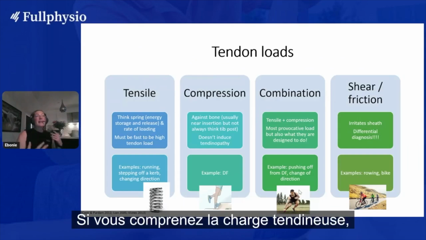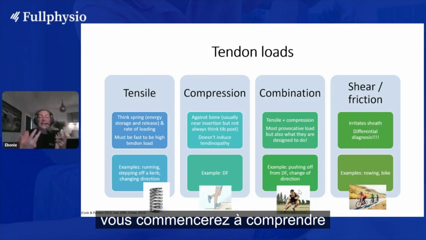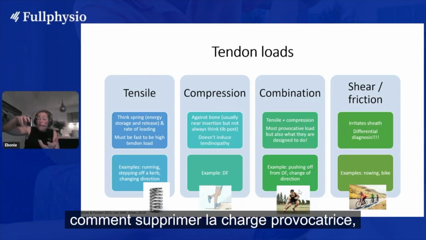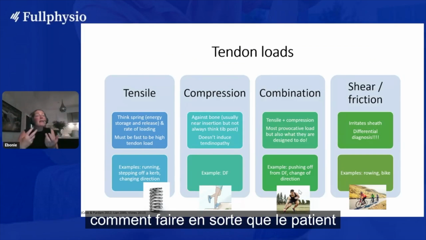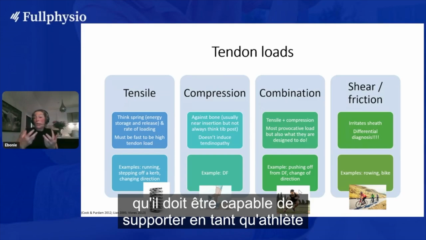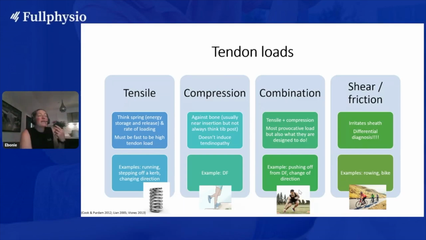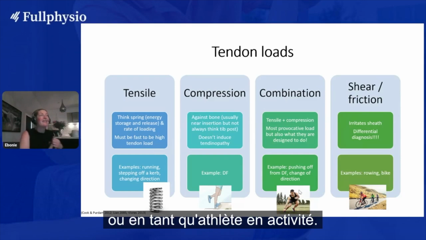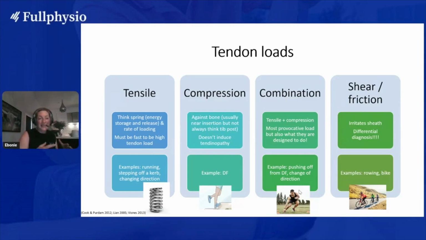If you understand tendon load, you really start to understand how to remove the provocative load, how to get people back to safe loads, how do you progress them to the loads they need to be able to withstand as an athlete or as a functioning, athletic person.